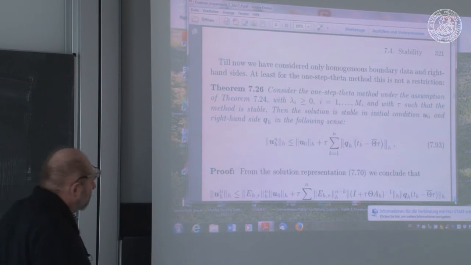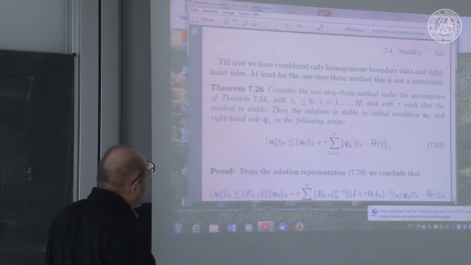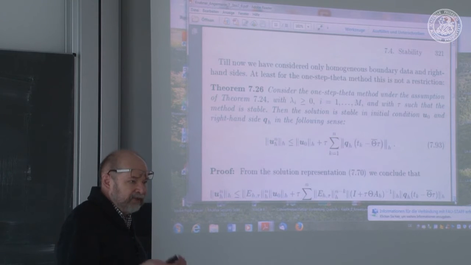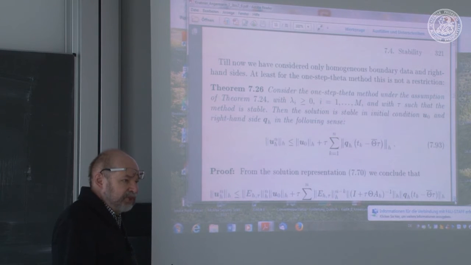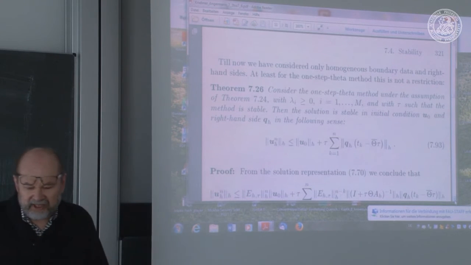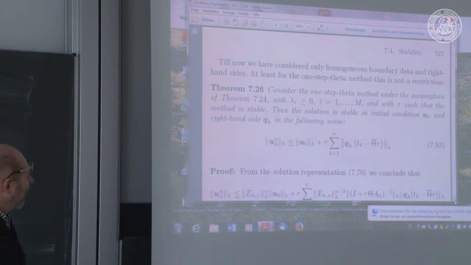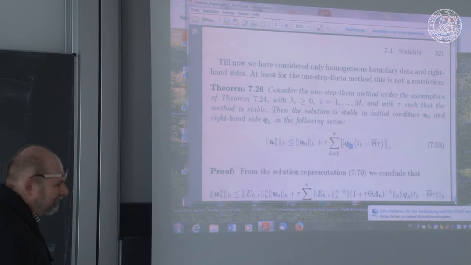So this is very similar to the estimates which we had here, but one term is missing. Which term is missing, or what kind of term would you maybe expect if you remember how the estimates looked in the case of the continuous problem or the semi-discretized problem? What kind of factor is missing here and here?